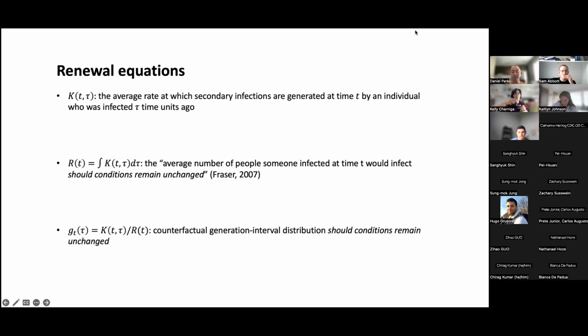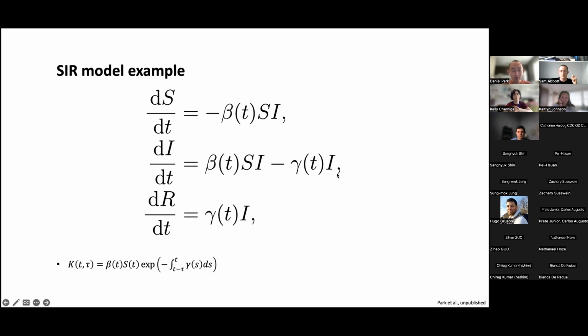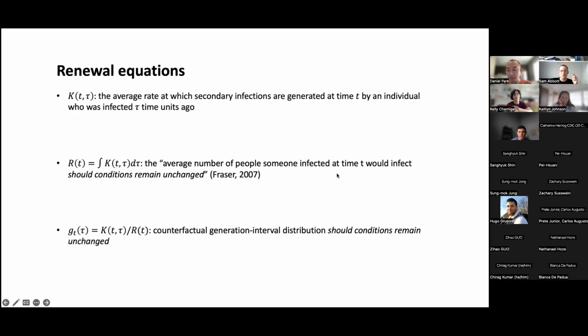And then likewise, if we normalize K_t of tau by R_t, we get this counterfactual generation interval distribution, should conditions remain unchanged. We call this distribution the instantaneous generation interval distribution.